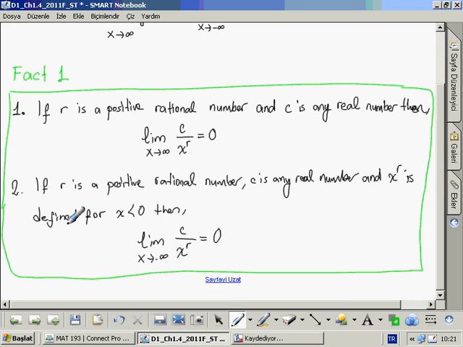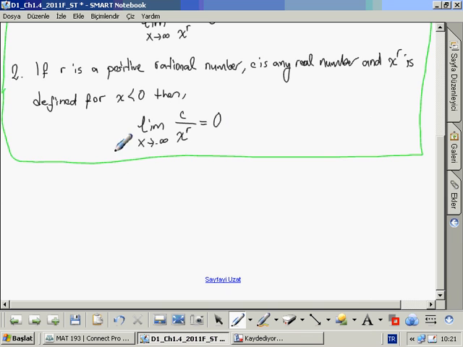Let's start the examples with one that leads us to a nice idea that we will use on a regular basis about limits at infinity for polynomials. Evaluate each of the following limits.